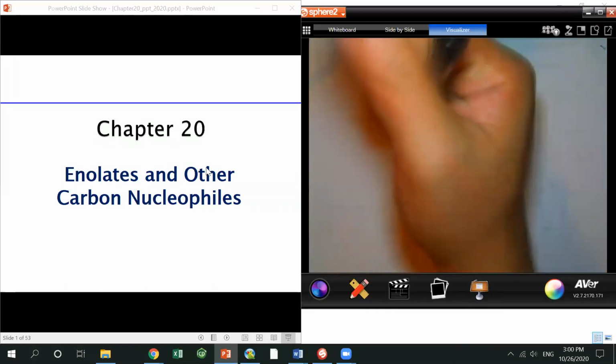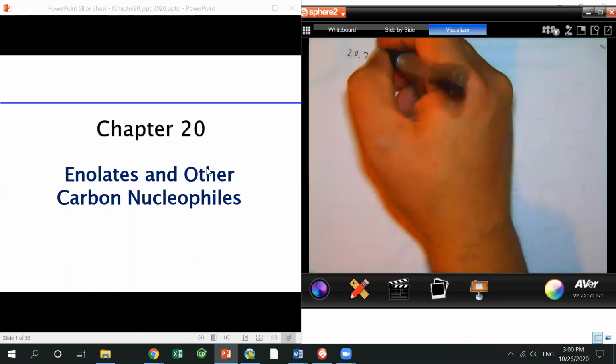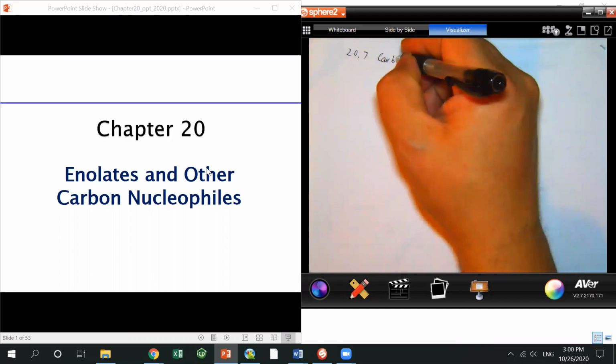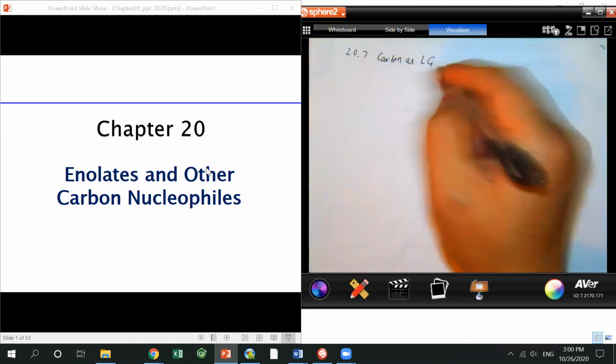The first one is section 27, carbon as a leaving group.